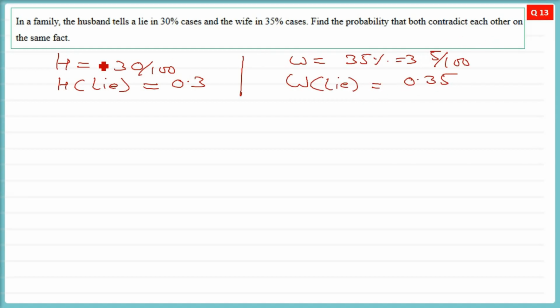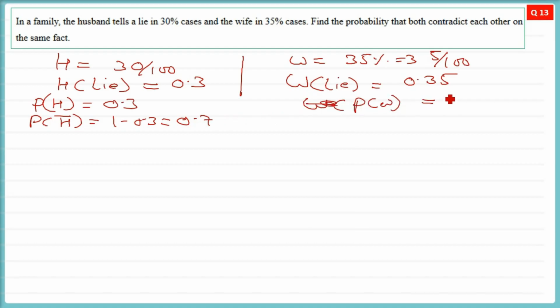Both contradict each other. We represent the husband as H. We always take the positive thing as H and the negative thing as H bar. Since it's a lie, I'm representing it by H complement or H bar, and telling the truth is P(H).